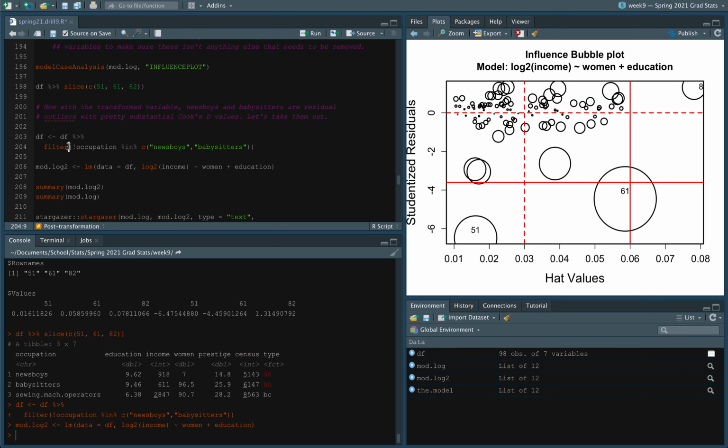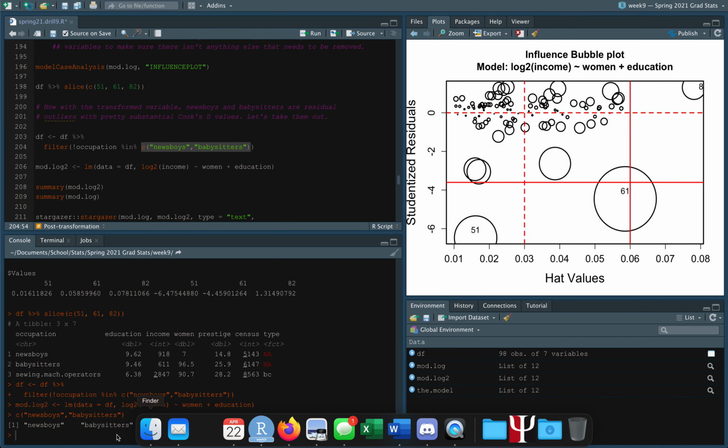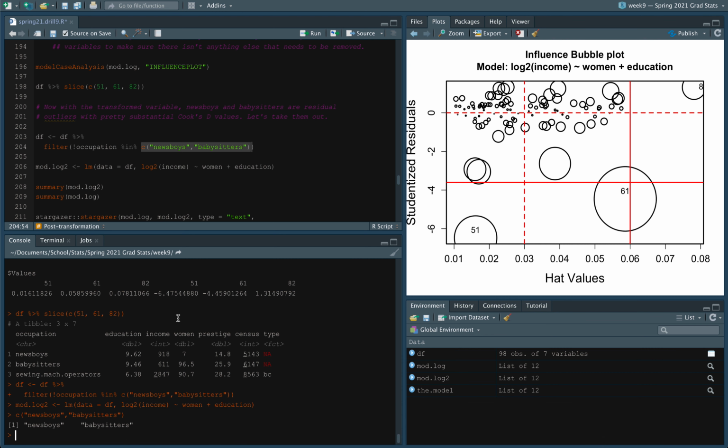So now all I've done is filter them out. Let me once again run through this. We'll ignore the exclamation point for a second. It's saying occupation %in% c(newsboys, babysitters). Piece by piece, the c(newsboys, babysitters) simply makes a vector of values, and those values are newsboys and babysitters.